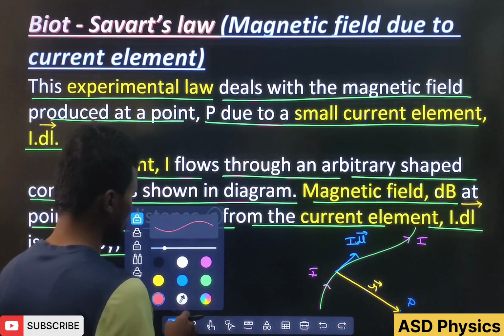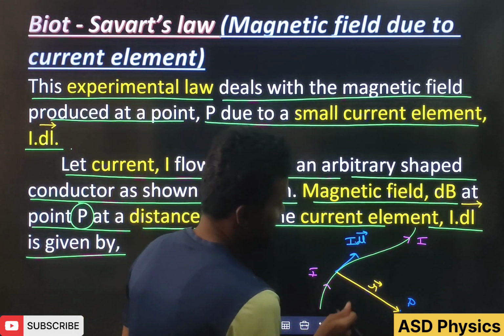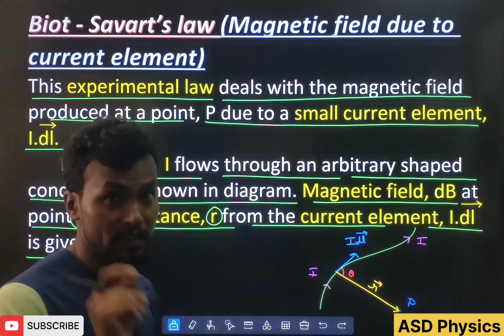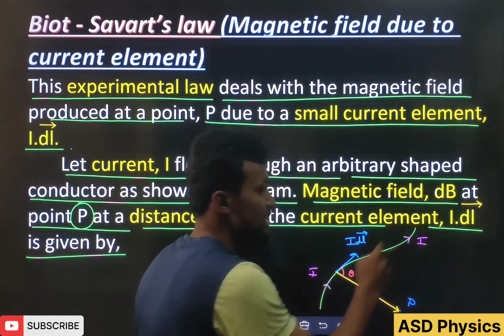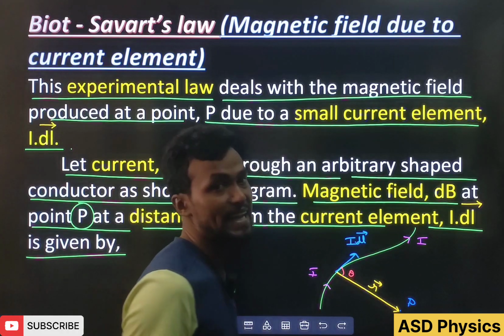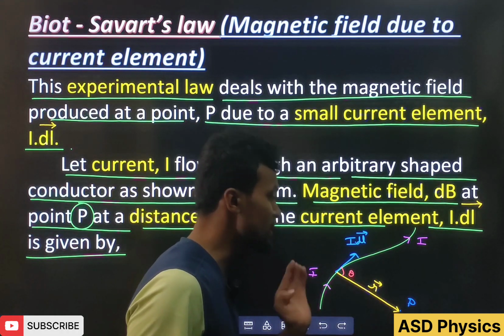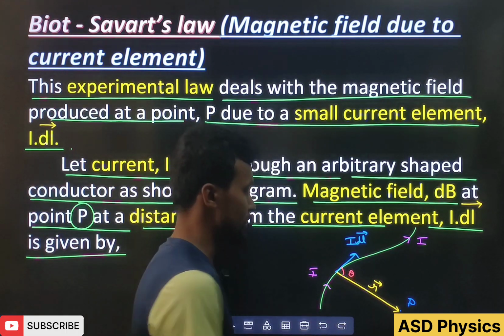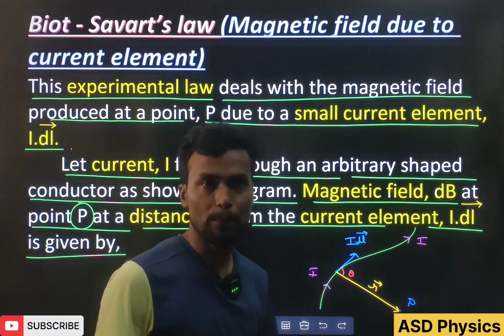Let's see the angle between the current element, that means I dl, and the position vector, which is theta. Again I am telling that I dl means very small length dl, current in this direction, so we draw one tangent, that will be the I dl current element. r is the position vector pointing towards the observation point from the current element, and theta is the angle between the current element and the position vector.